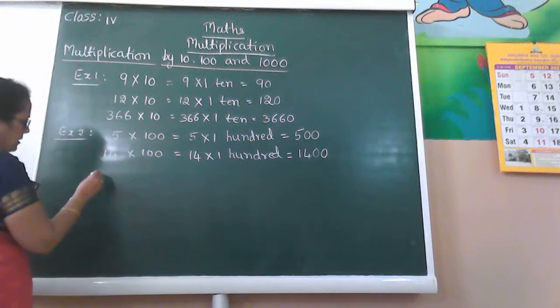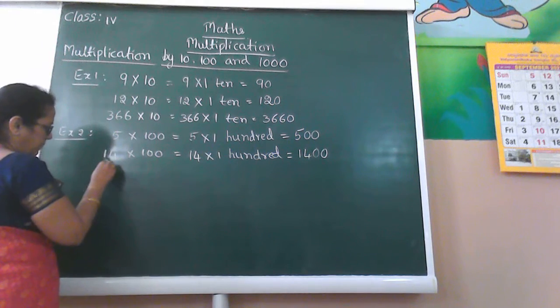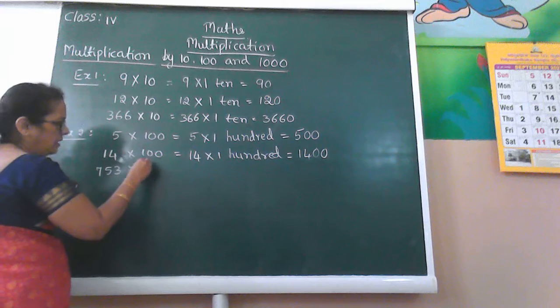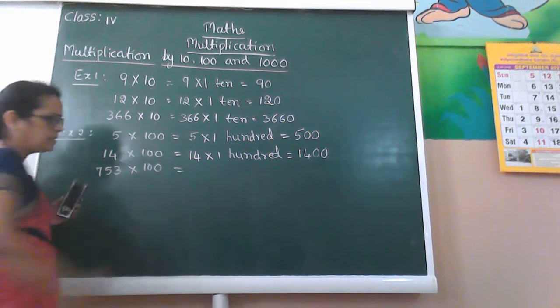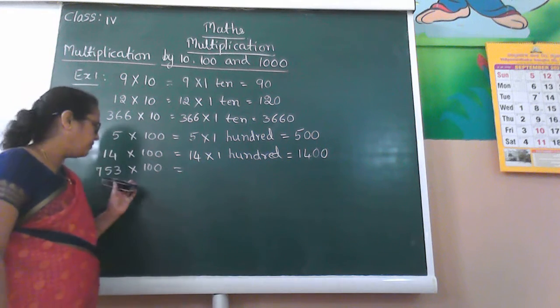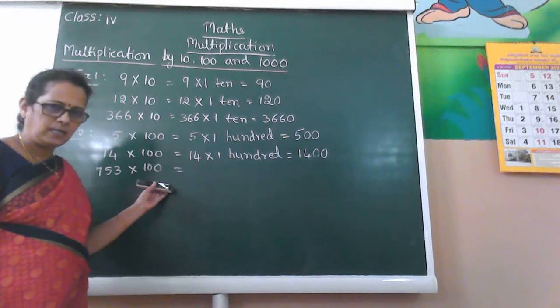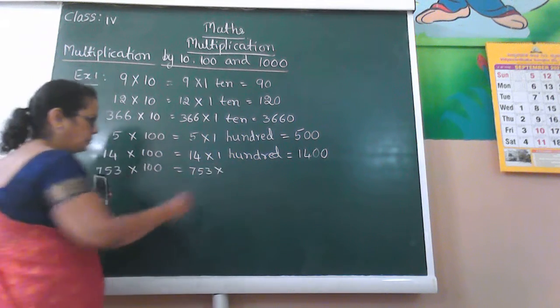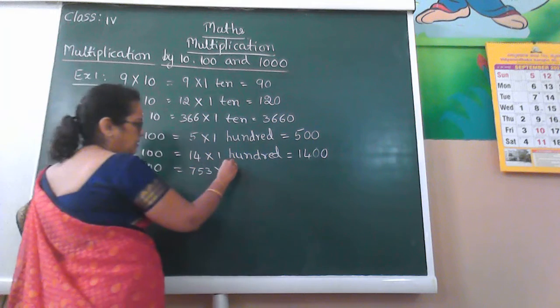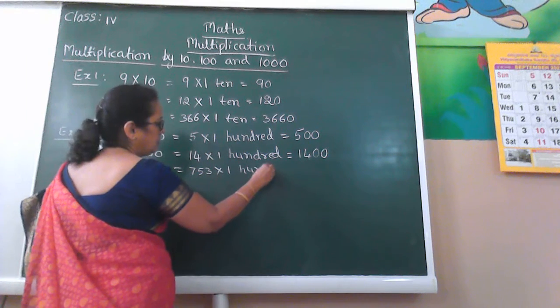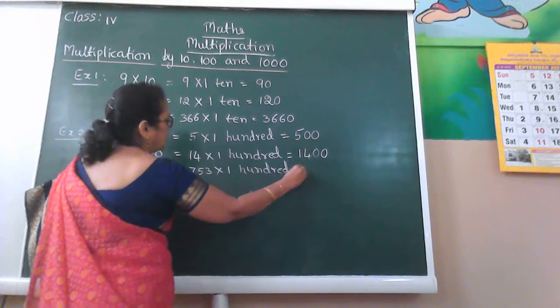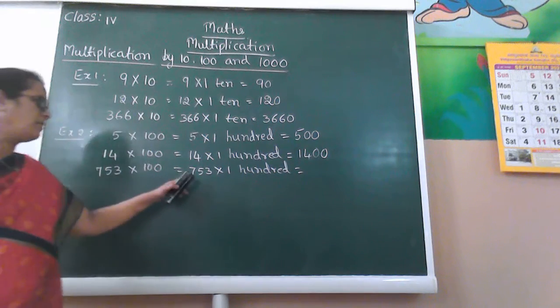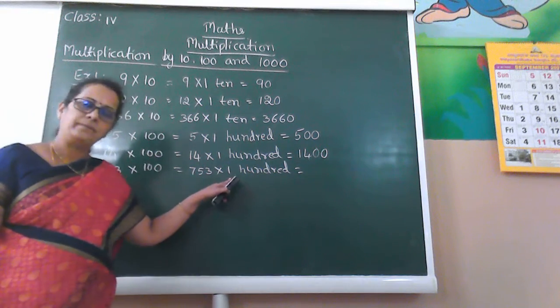Next I take a 3-digit number, that is 753 into 100. Let us say, 753 into 100, that is equal to 753 into 1.